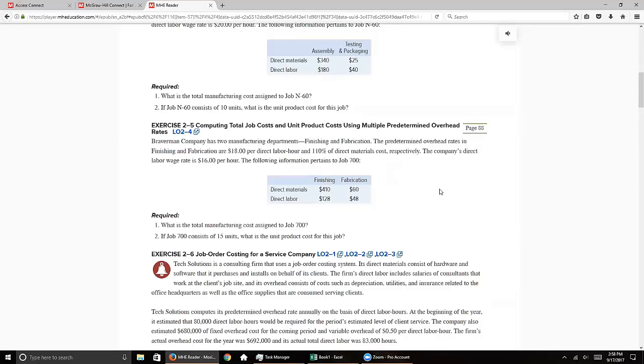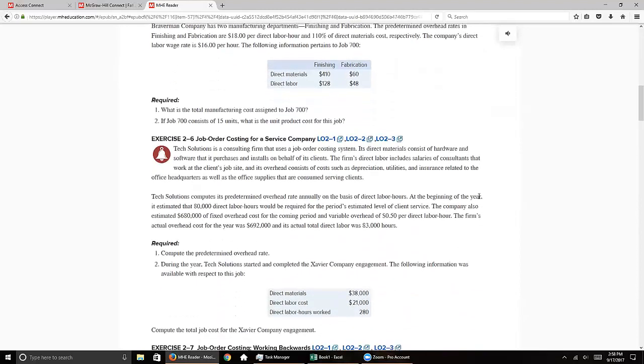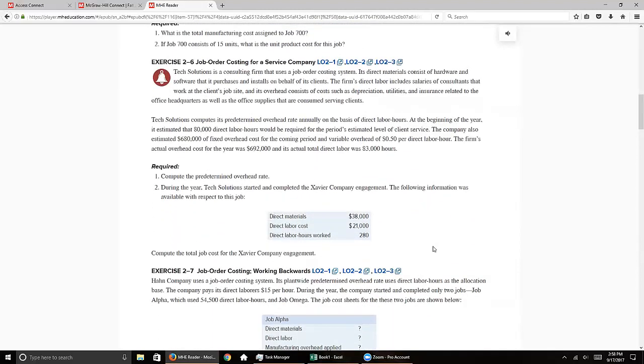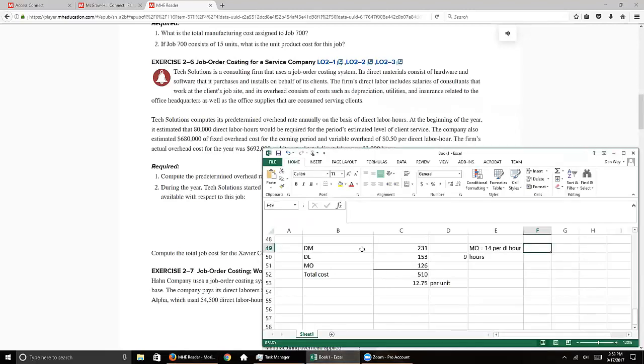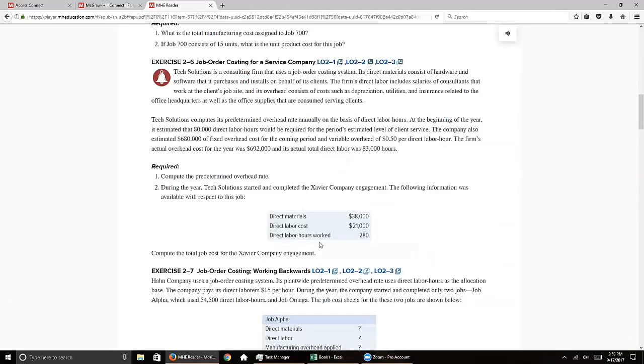So in chapter 2, there was a lot of that job order costing. And again, even when it looked and felt a bit different, fundamentally, it's a matter of coming up with these individual product costs for particular jobs and applying what we know about how to apply overhead to those particular scenarios.